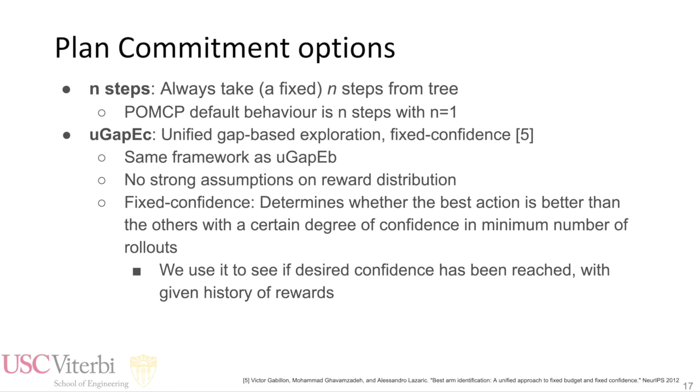The POMCP default with this method is n equals 1. Second, we ran UGAP-EC, which is similar to the UGAP-EB method mentioned before, but in a fixed confidence setting. Given the reward history of taking actions, it determines whether a particular action is better with a certain degree of confidence. Note that UGAP-EC does not assume any particular distribution on the reward.